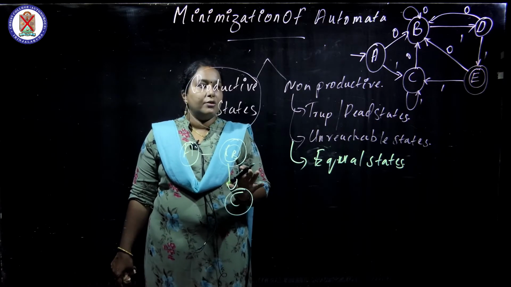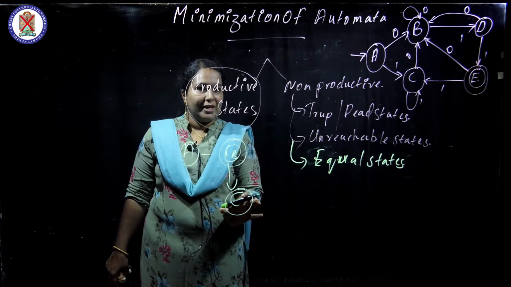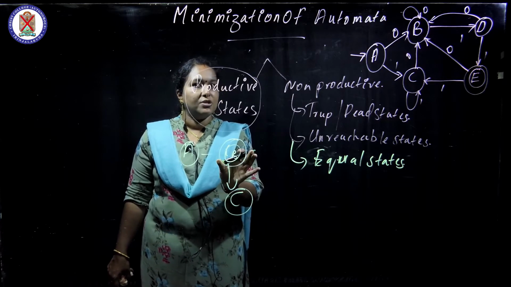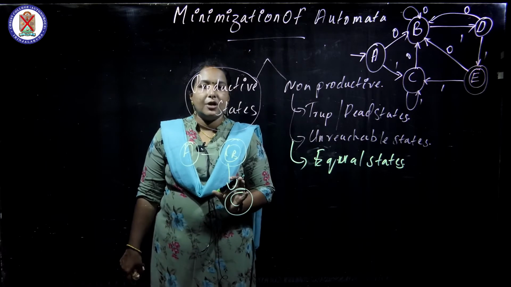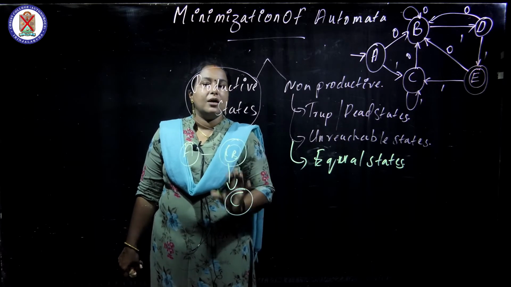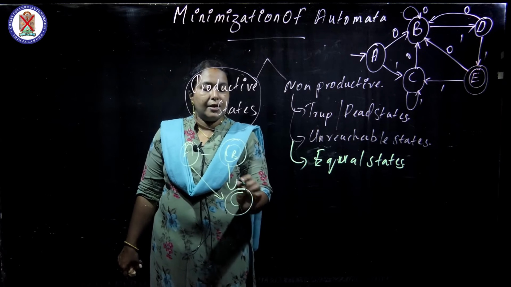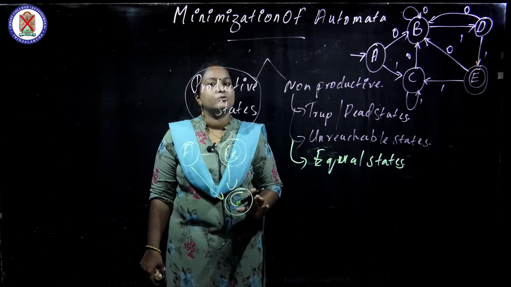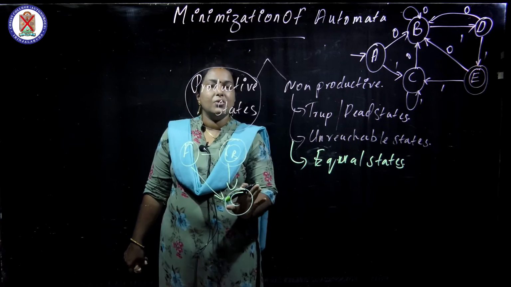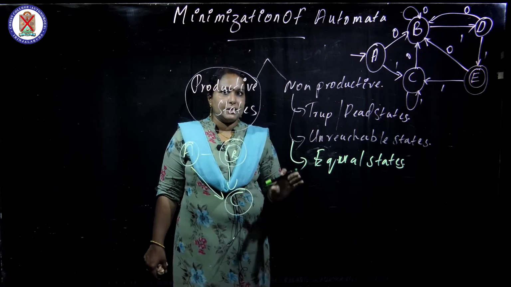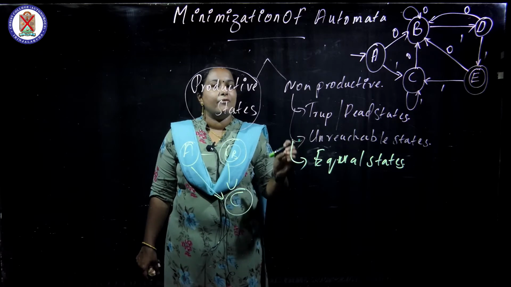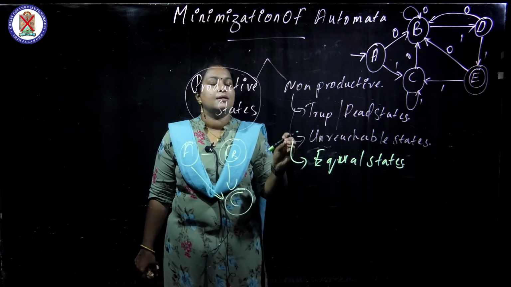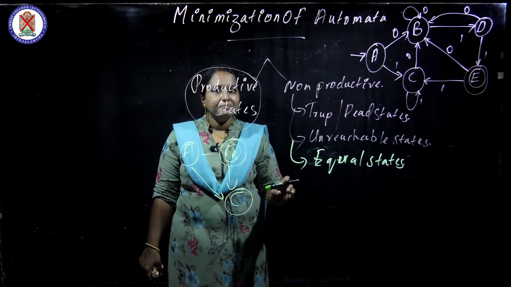Any state that has no path to the final state is called a trap state. Here C is the trap state, since it has no path to the final state. In this situation also C is the trap state because it has no path to the final state. Once again, a trap state is a state which has no path to the final state.